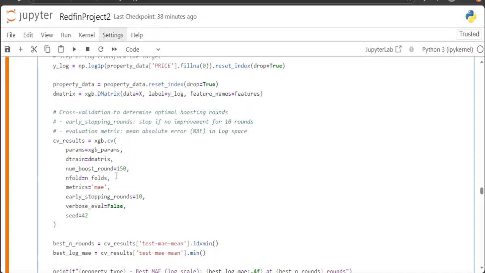Number of boosting rounds is 150, number of folds is 5, metric is mean absolute error, and early stopping rounds is 10.